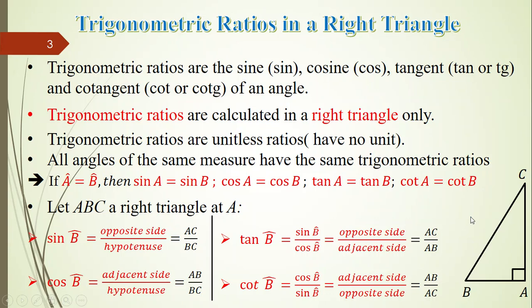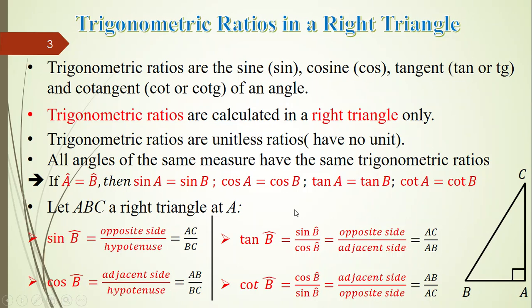To calculate the cosine of angle B, we divide the adjacent side by the hypotenuse. The adjacent side is AB and the hypotenuse is BC.